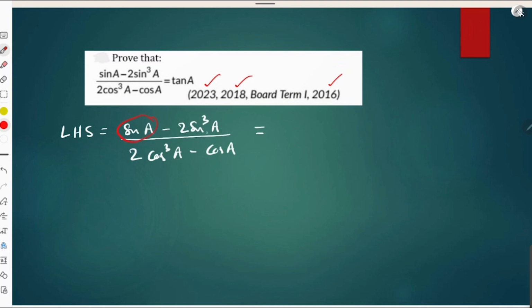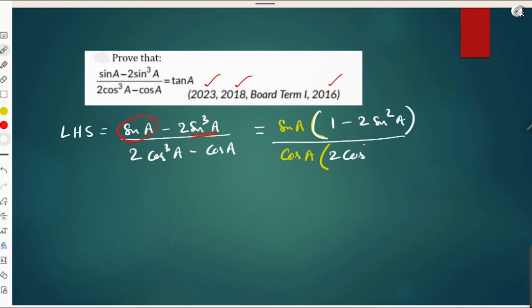Sin A common you can take. If you take sin A common in the numerator, what will remain? It will remain 1 minus 2 sin square A. In the denominator also, you can take cos A common, then 2 cos square A minus 1 will remain.